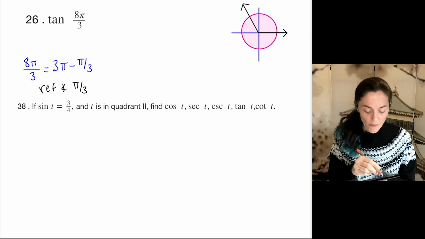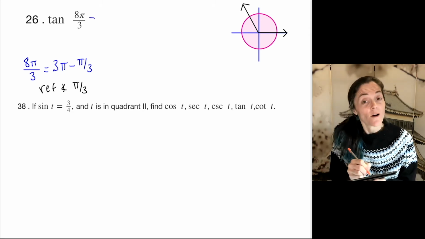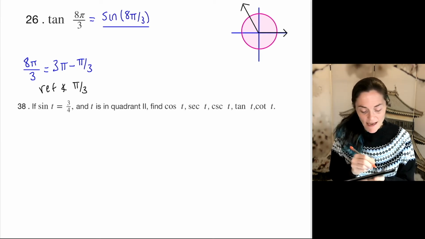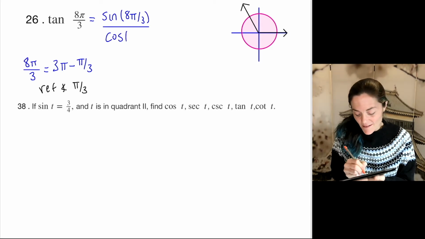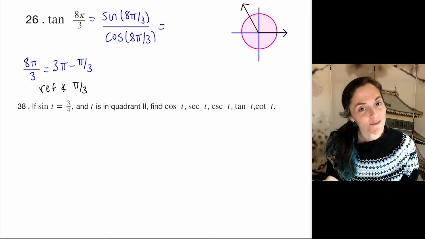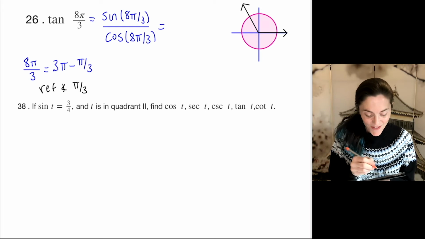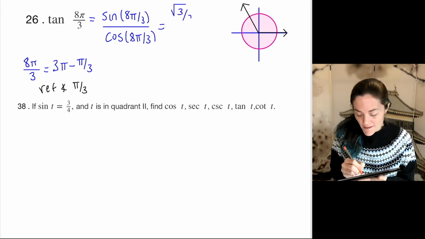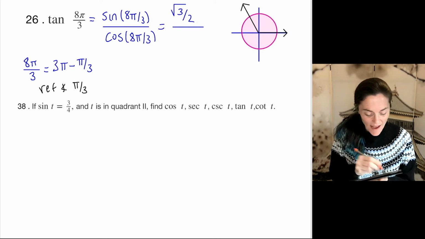We want tangent, which is sine over cosine. So this is going to be the sine of 8 pi over 3 divided by the cosine of 8 pi over 3. With a reference angle pi over 3, the sine is square root 3 over 2 and the cosine is 1/2.